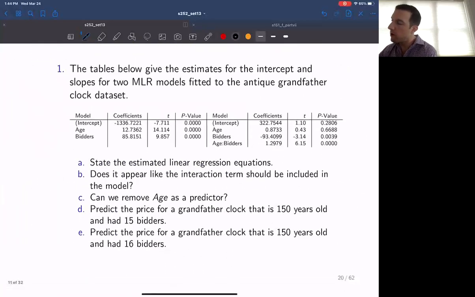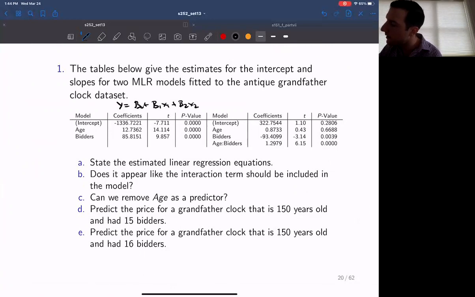Okay, so below we have output for each of the models. So this is our output for the general model. Okay, and then this is our output for the model with interaction.